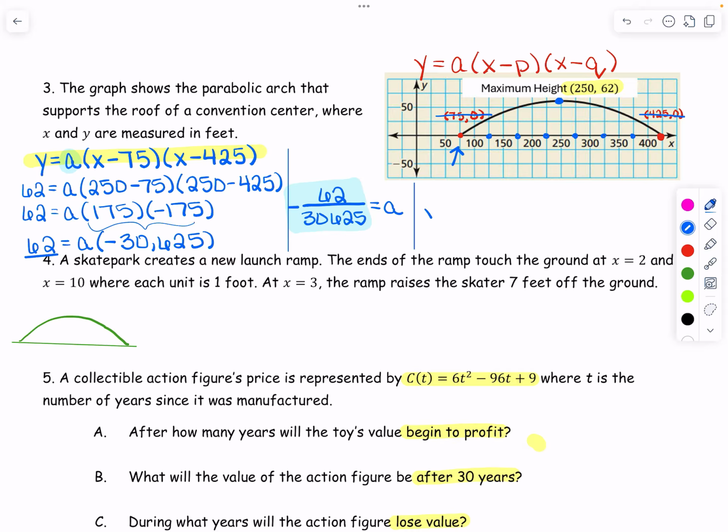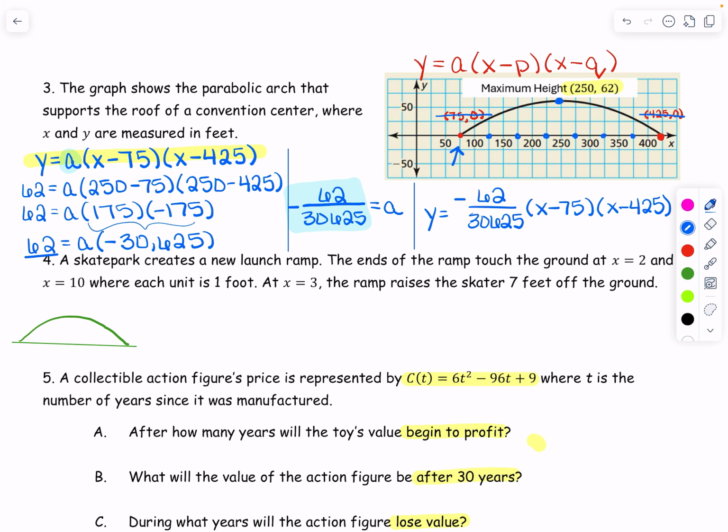So we have y equals negative 62 over 30,625 times x minus 75 times x minus 425. You could convert that to a decimal, but the decimal is going to be really long, so I decided I'm just going to leave that a fraction.